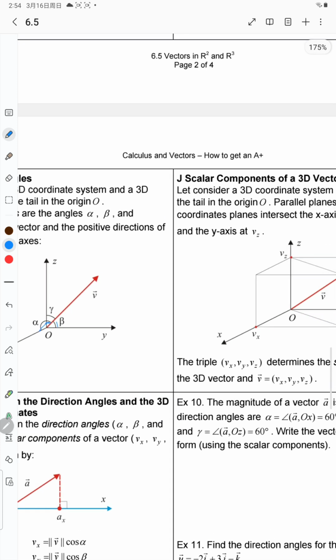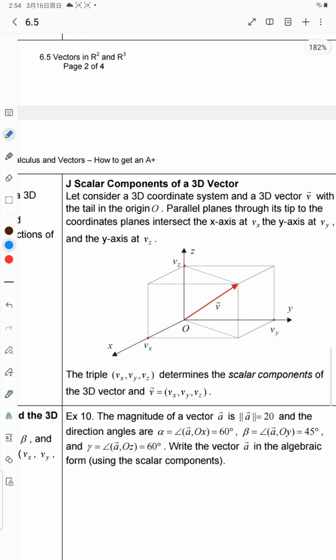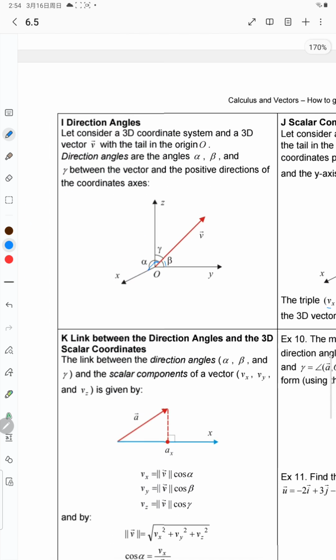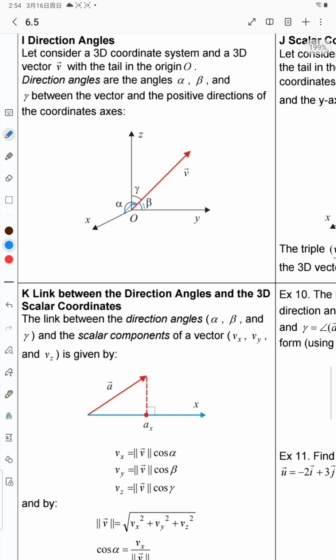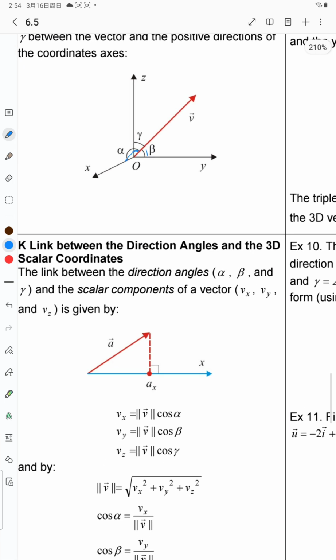And then for x, y, z, you can take the shadow on each of these coordinates. I think there's not much to say. It's the same as 2D.